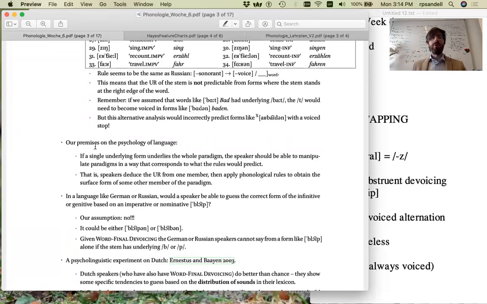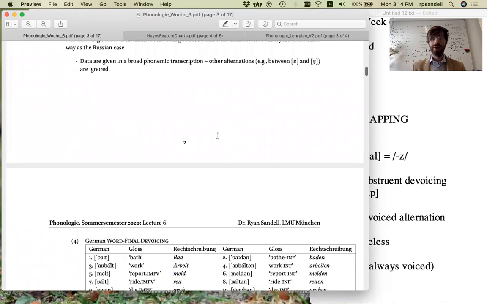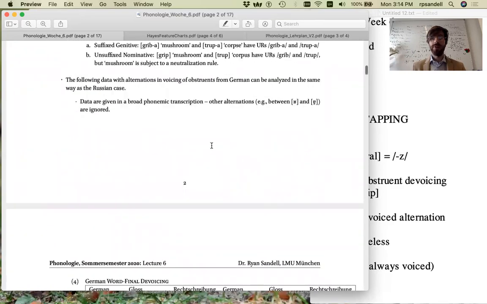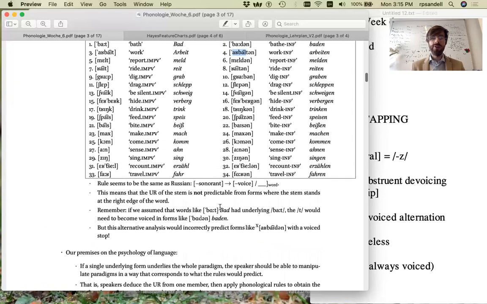In particular, we're assuming that there should be underlying forms that underlie entire paradigms. So considering verbal paradigms in German here, for instance, or nominal paradigms in Russian, as we've dealt with here, we're making the assumption that all of the inflectional forms of any verb in German, or of cases where nouns and verbs have a clearly related stem in terms of their meaning, that those should have just a single underlying phonological representation.